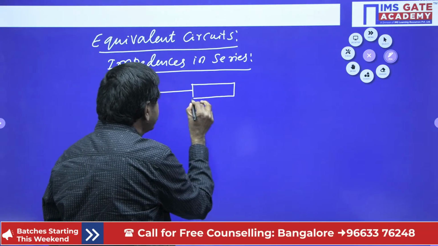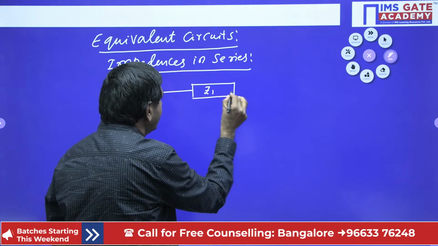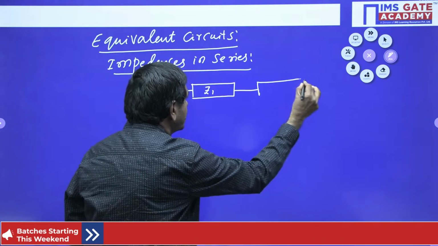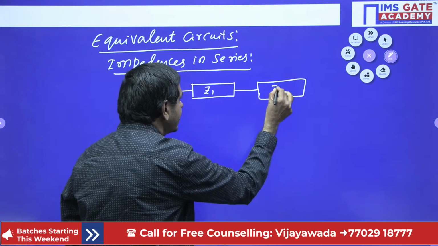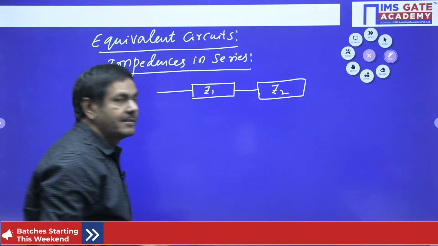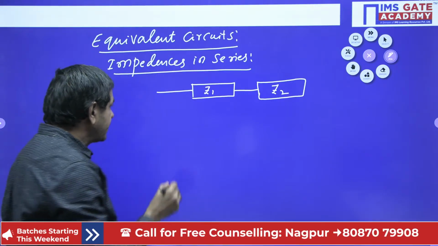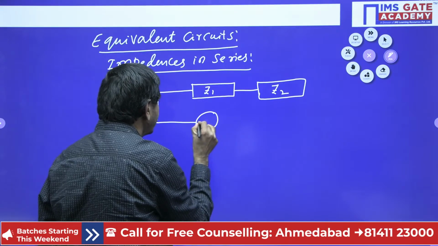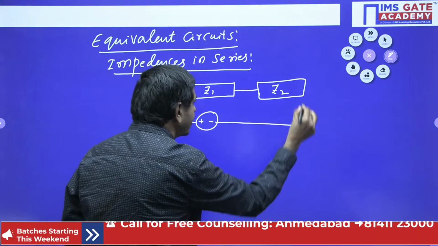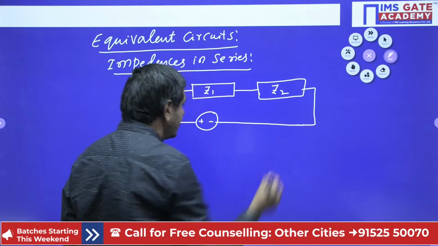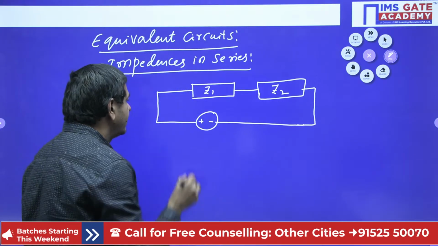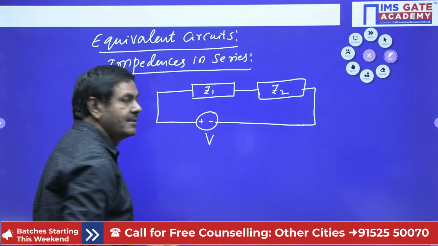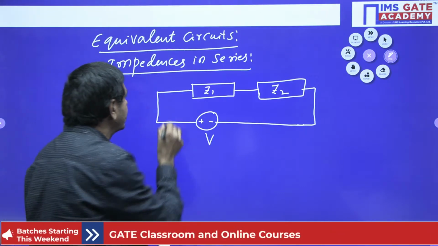One is Z1 here. One more impedance is given, Z2. Like that, impedances are connected to the source V. It is a series circuit.